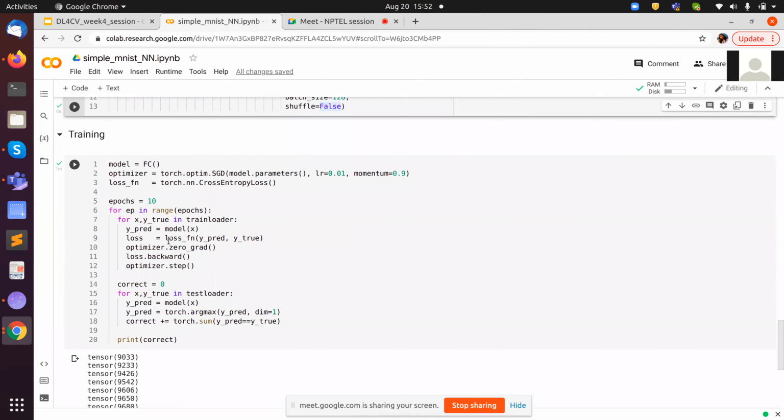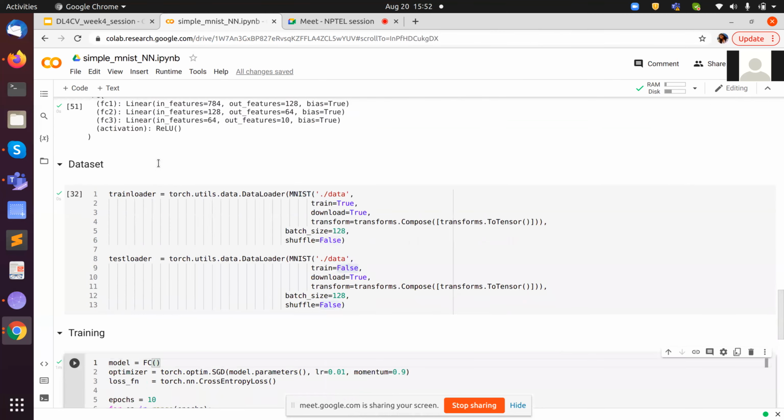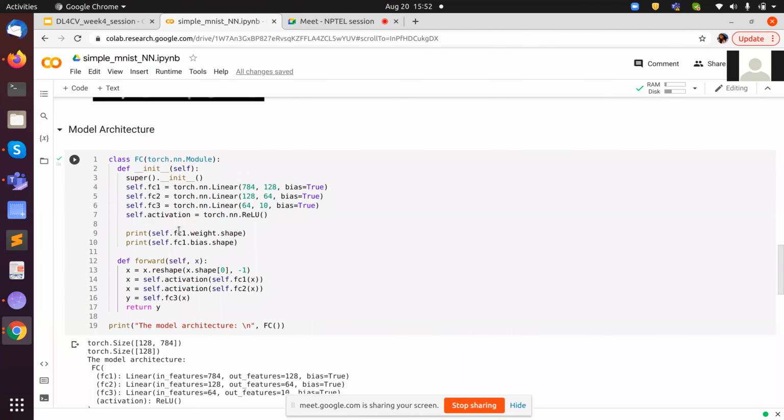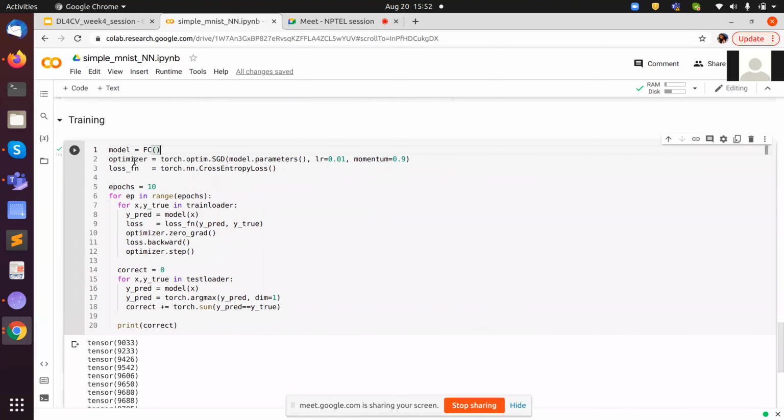So this is the training process. It's very simple; I've kept it as simple as possible. We need a model, and this model is nothing but an instantiation of this particular class defined here, which is a two hidden layer fully connected network. Then this optimizer is what we will be using to update the model.